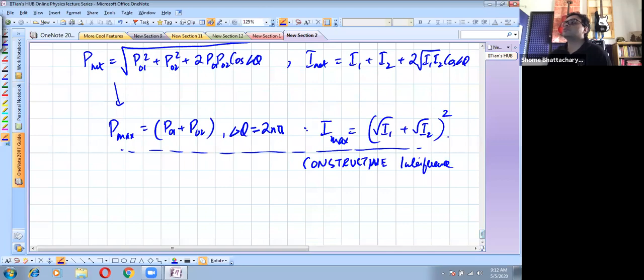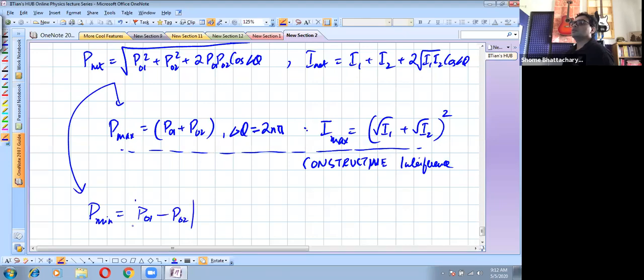You should also know this formula I explained: in constructive interference, the net intensity, which is the maximum possible intensity, becomes root of I1 plus root of I2, squared. Whereas on the other hand, the minimum value of the pressure amplitude becomes mod of P01 minus P02.